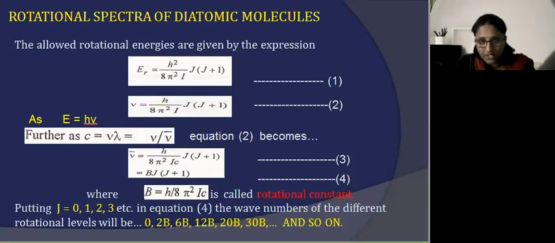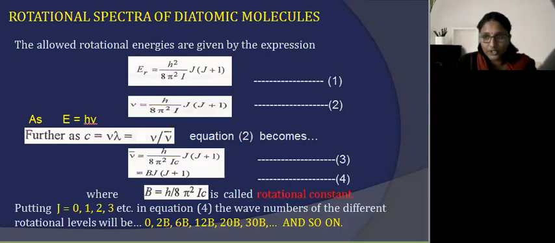We always express the spectra in terms of wavelength or wave number, so we have to convert the rotational energy into wave number. For that, we know that energy is equal to h nu, and c is equal to nu into lambda, that is wavelength, divided by wave number. So you have to convert the rotational energy into wave number.